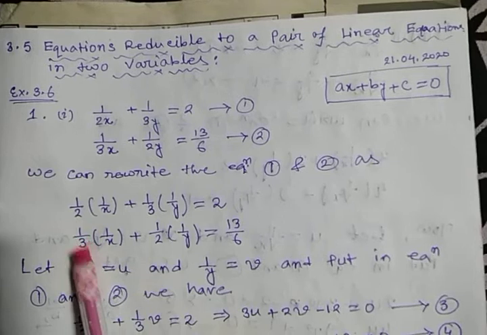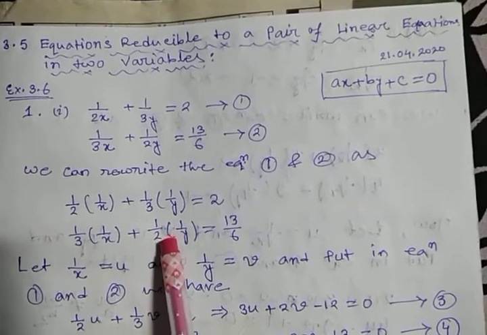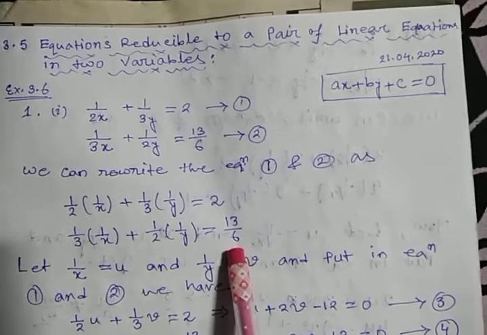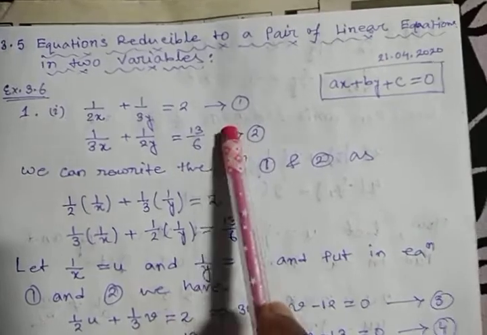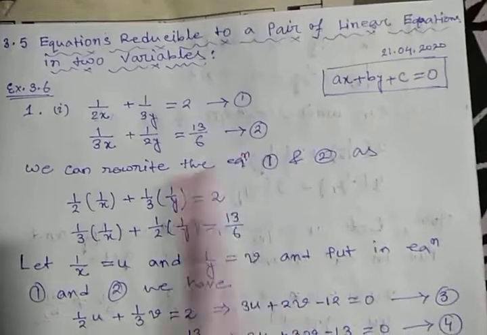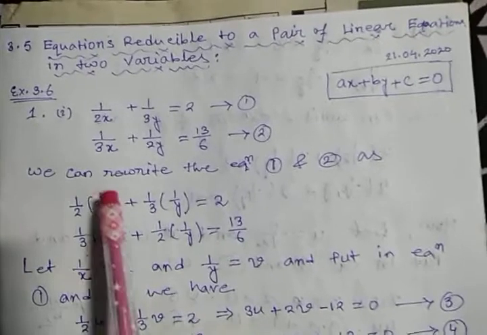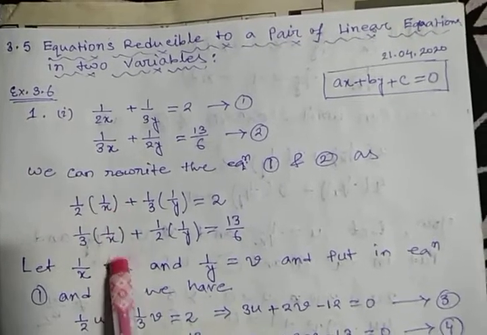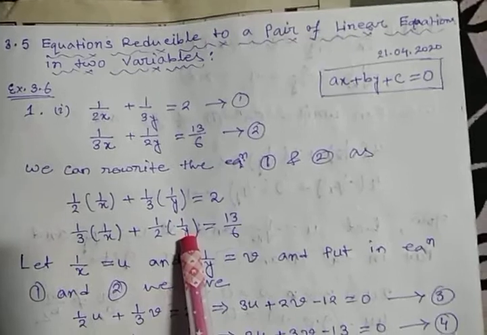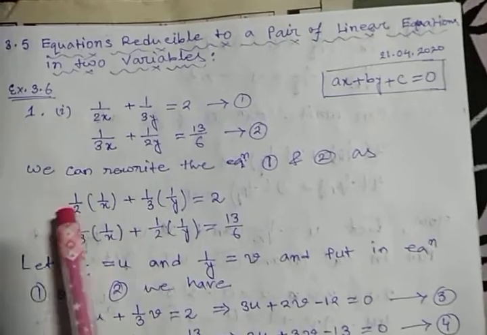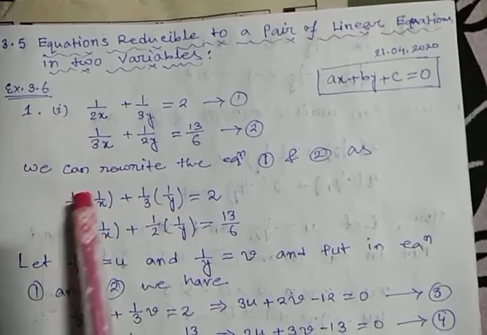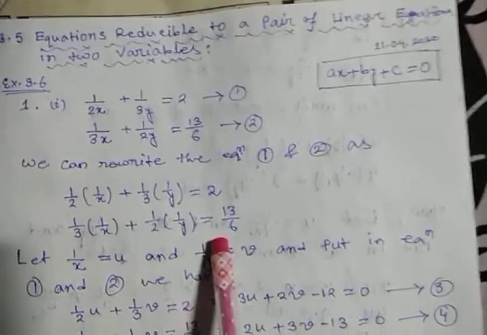Same way, 1 by 3 into 1 by x plus 1 by 2 into 1 by y is equal to 13 by 6. Now you can see that 1 by x is the same and 1 by y is the same in these two equations.